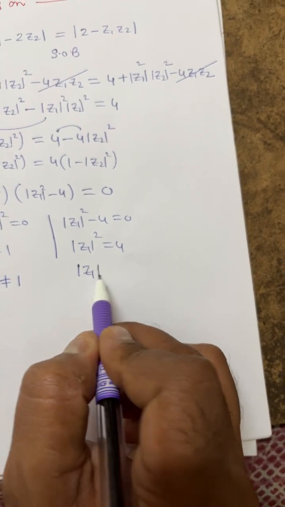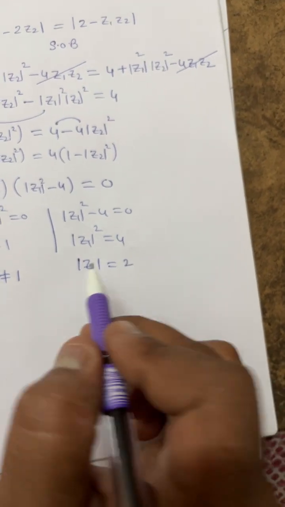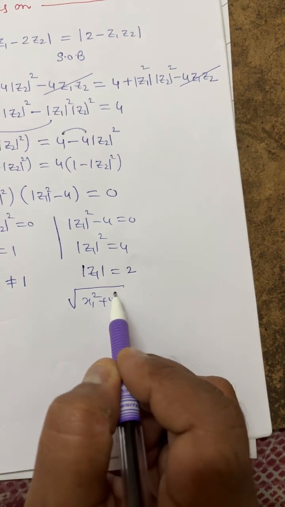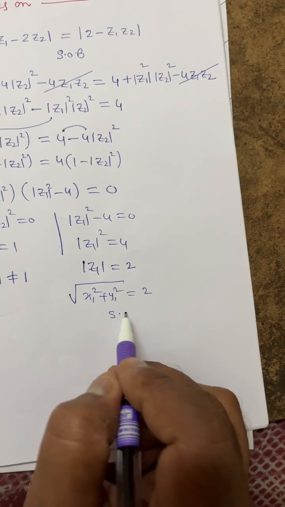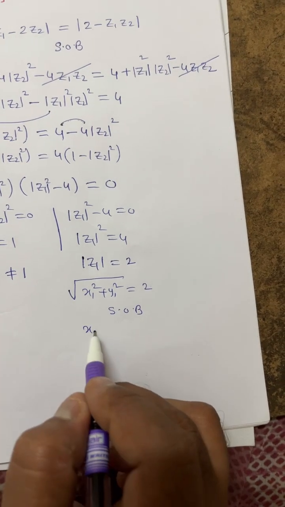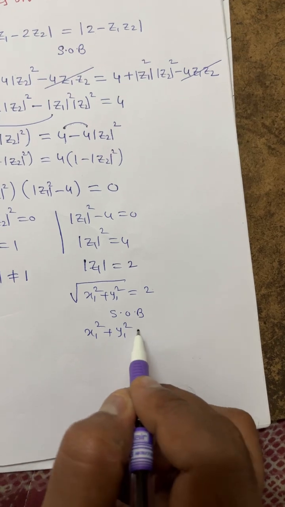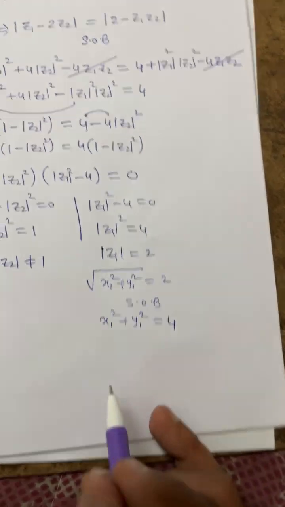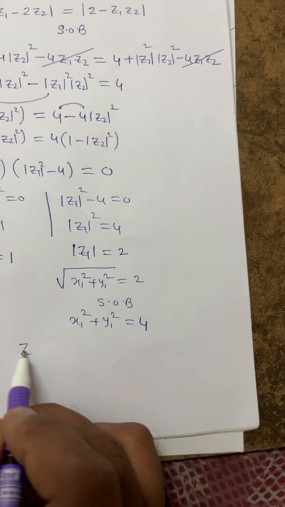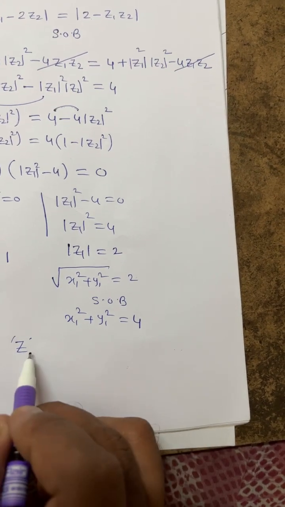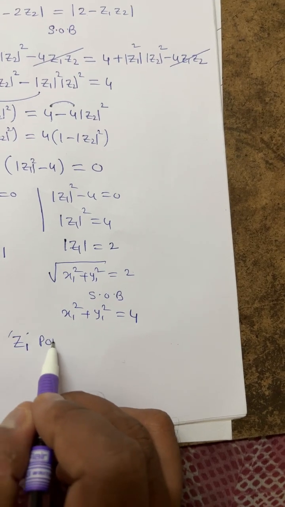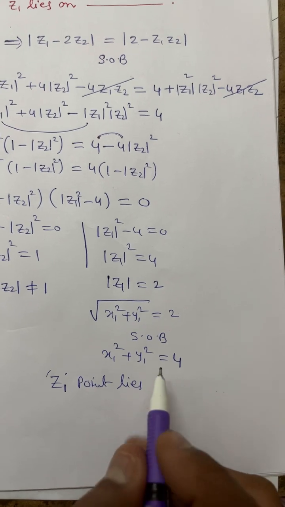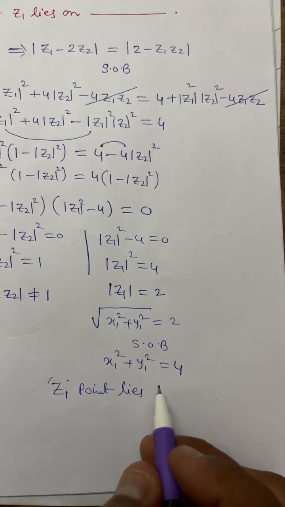So mod z1 is equal to 2. Mod z1 means root over x1 square plus y1 square equal to 2. Squaring on both sides, you will get x1 square plus y1 square equal to 4. That means the point z1, with coordinates x1, y1, lies on the circle.